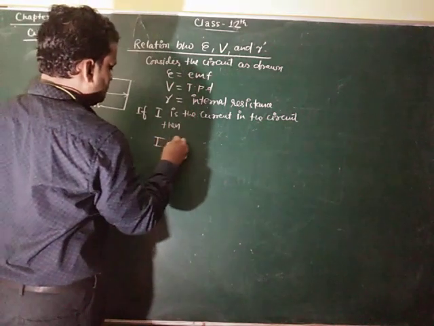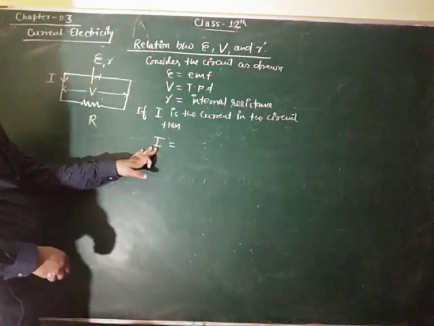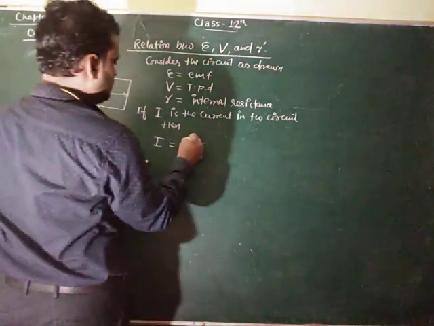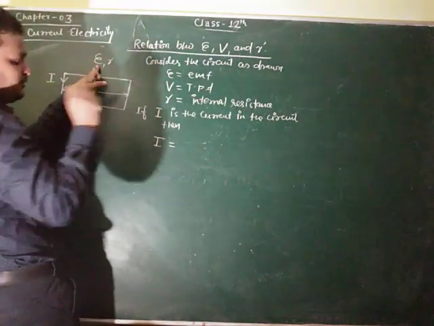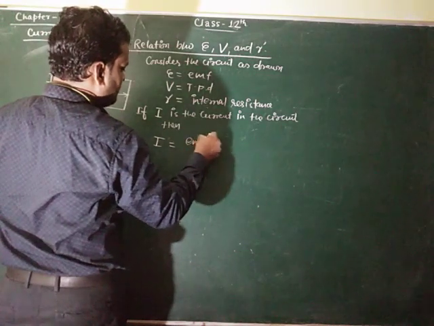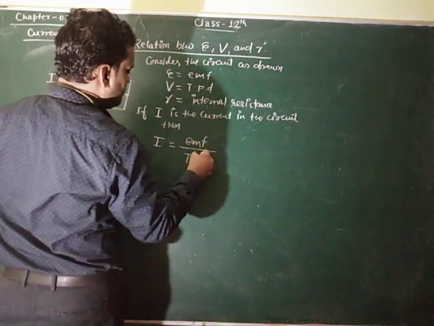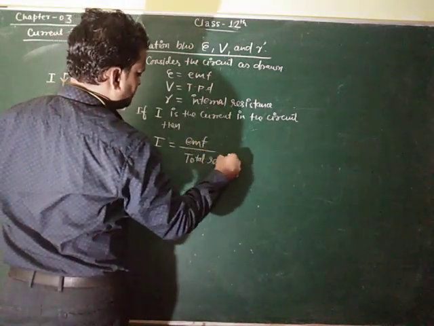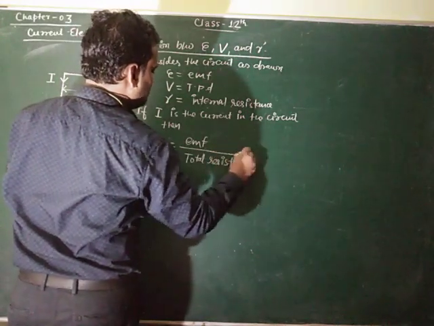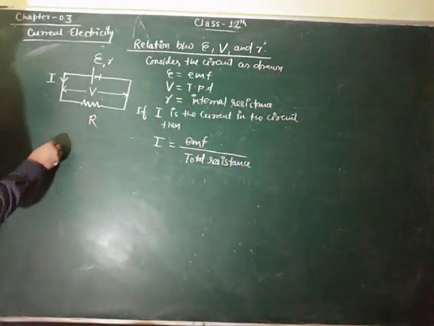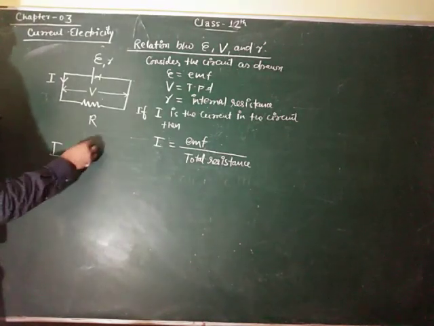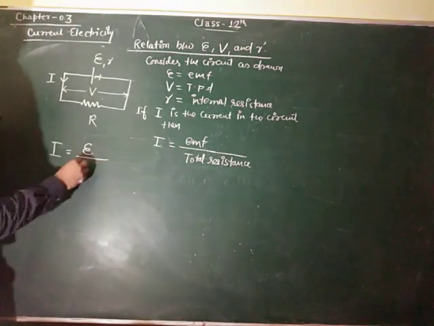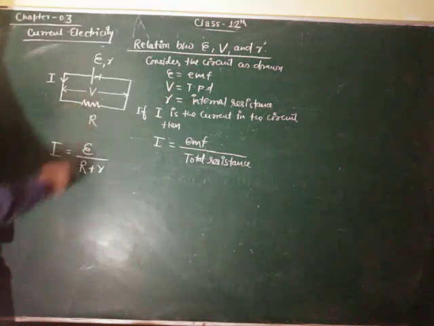what is the formula of I? From Ohm's law, I is V by R, but here V is the total voltage, the main voltage, the EMF, divided by the total resistance. I am writing here I is equal to EMF by total resistance, R plus r.